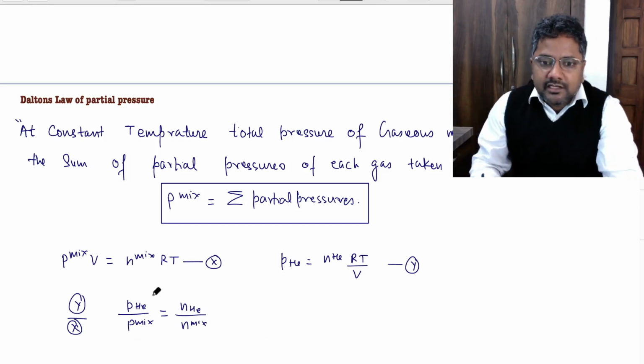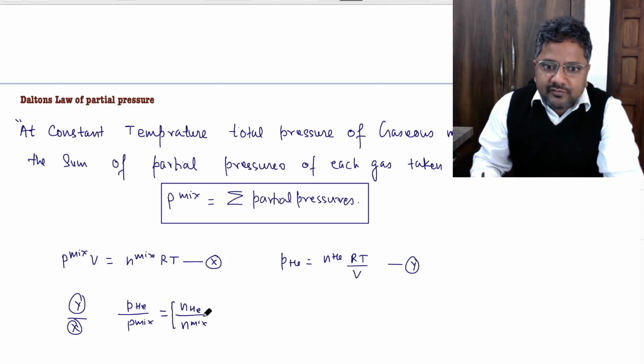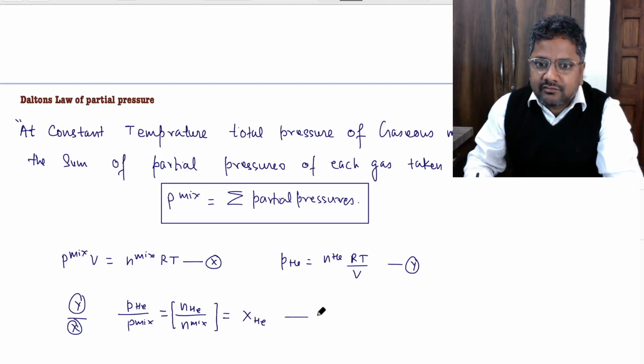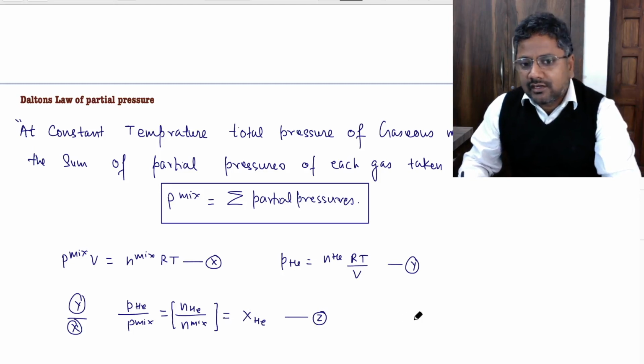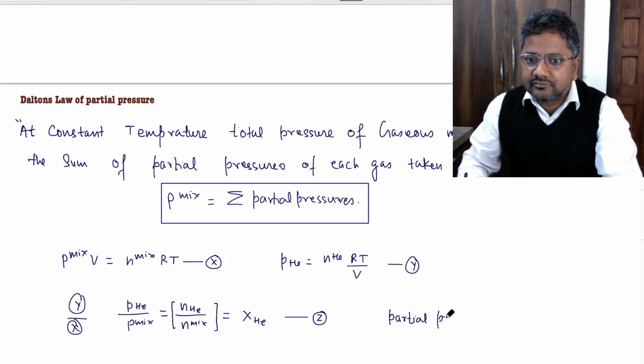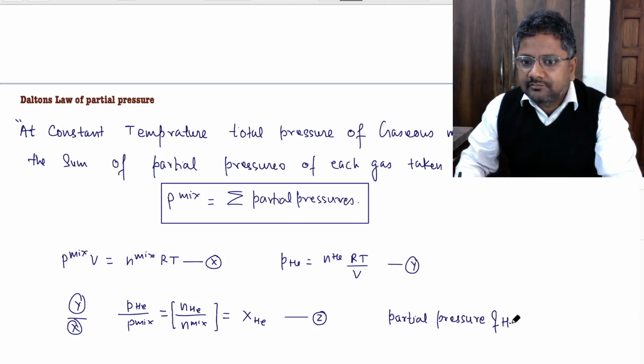Now see, what is this quantity? This quantity is called the mole fraction of helium. So this is equation Z. So you can write here that the partial pressure of helium is equal to the mole fraction of helium, X being the symbol of mole fraction, into the total pressure of the mixture.